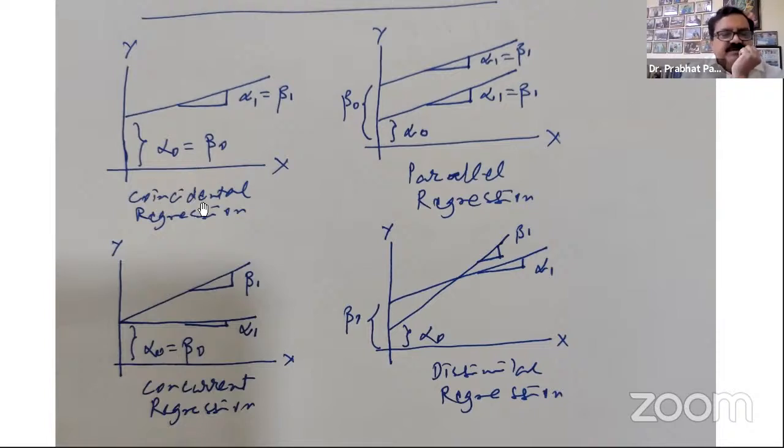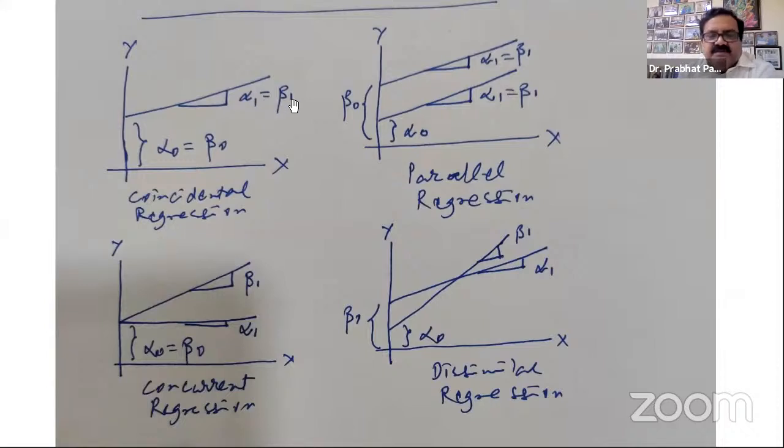The first can be called the coincidental regression. The coincidental regression is the one where, if you divide the time into two periods, one is represented by alpha 0, the intercept of the first period, and beta 0, the intercept of the second period. For the first period and the second period, the intercepts are the same.